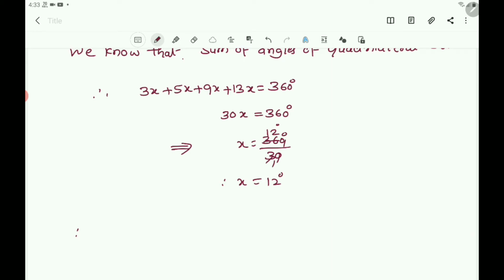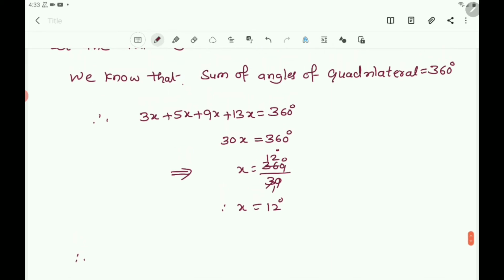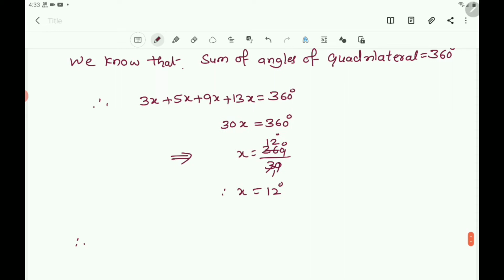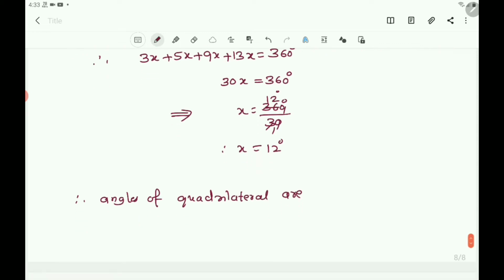Then find the angles. The angles are 3x, 5x, 9x, 13x. The first one is 3x, which equals 3 into 12. 12 threes are 36.